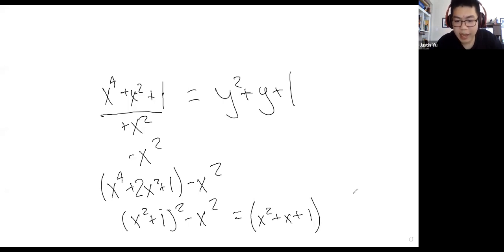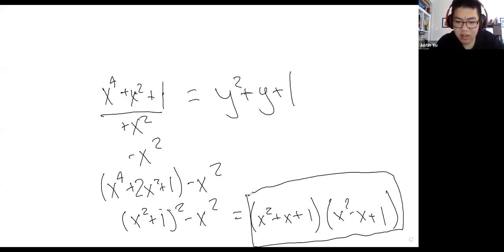Adding the two things and subtracting the two things, like that. Hopefully you see how this works. Again, this is really similar to what we did with Sophie Germain.